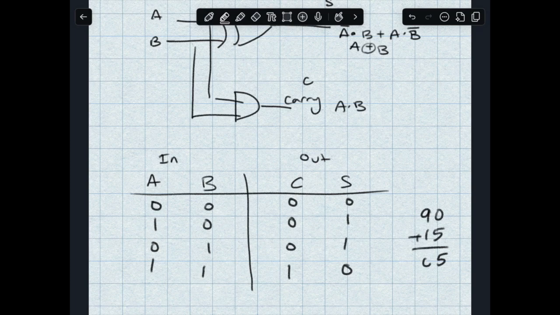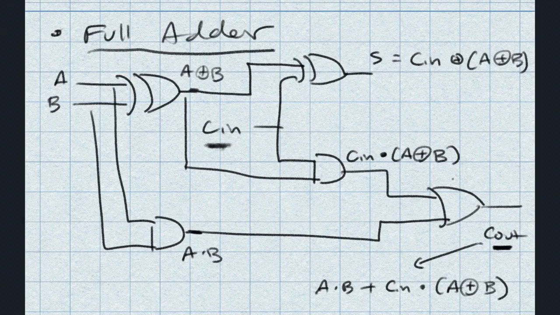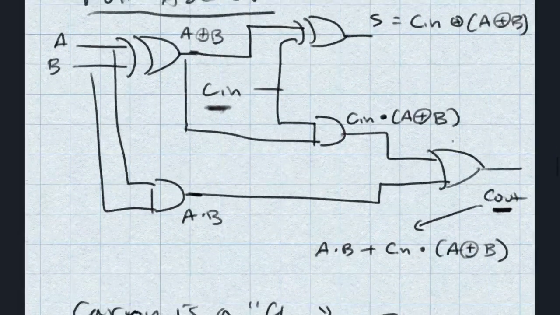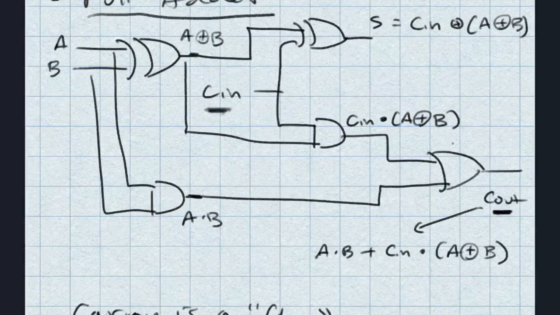The problem with this is that if I need to repeatedly add or subtract or do other things like that, I'm not carrying anything in. That's where I might use what's called a full adder. It's a little more complicated in terms of digital logic. I need 2 exclusive ORs, 2 AND gates, and an OR gate to make this happen.